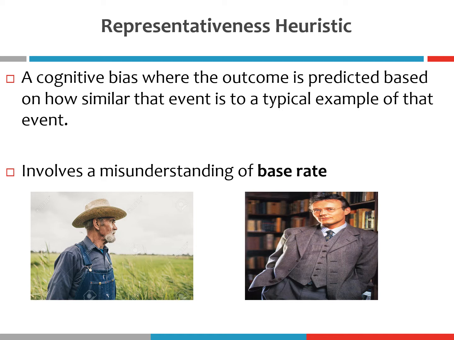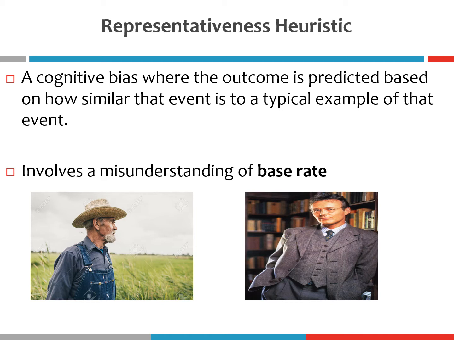So in 1972, when this experiment was first carried out, there were many, many more male farmers than male librarians in the US, right? So if we look at the proportion of individuals who are farmers and librarians in the US, it's much, much more likely that Robert, if we were to simply pull him randomly from the population, is a farmer.